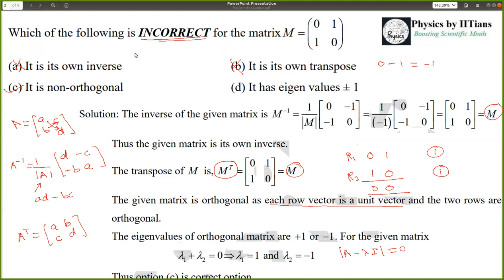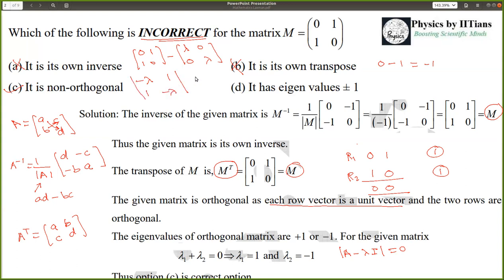So we will write M, that is 0, 1, 1, 0, minus lambda times I. The identity matrix is simply 1, 0, 0, 1, and multiplied by lambda it will be lambda, 0, 0, lambda. You can solve this subtraction. It will be minus lambda, 1, 1, and minus lambda.